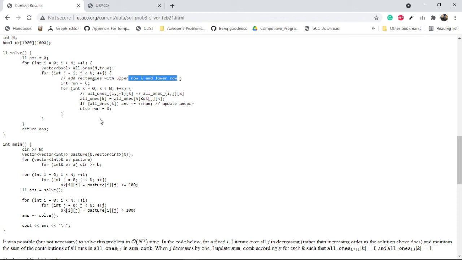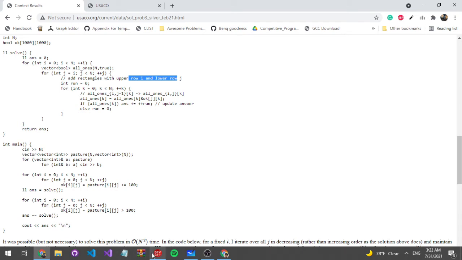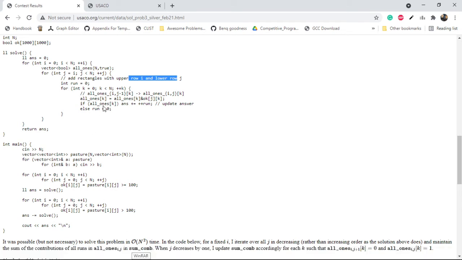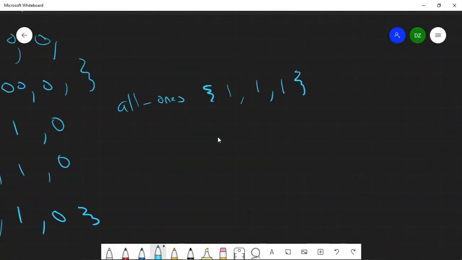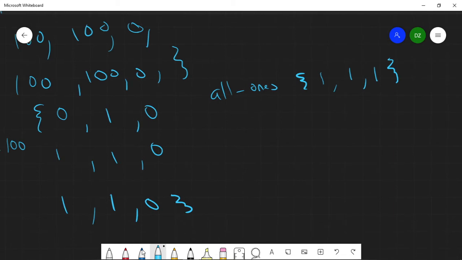All ones[i], go down the row, but wait, why isn't this j? Okay, sorry about that. But all ones would be like this, and so we'll use the AND.